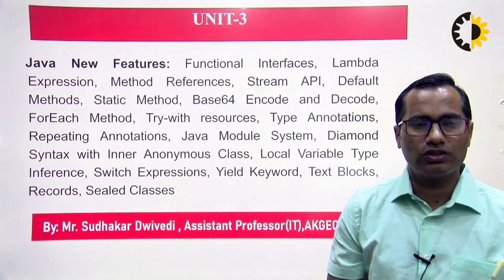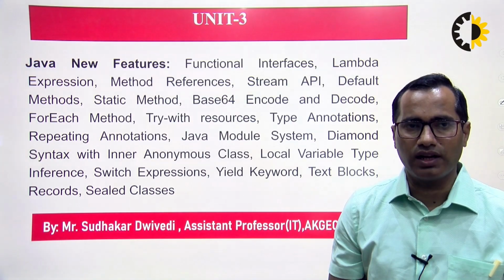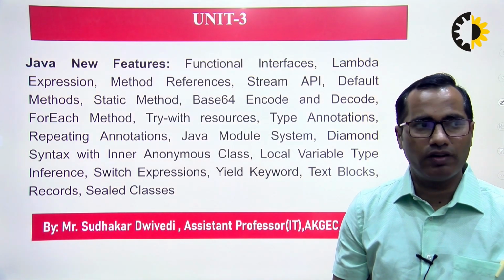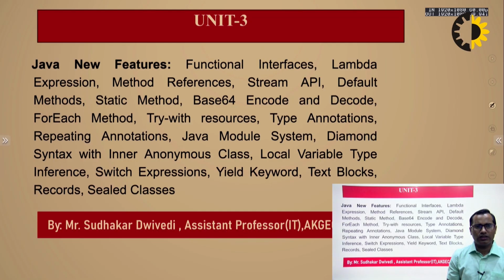We will discuss the Java module system in this unit, the diamond syntax with the inner anonymous classes and diamond operators, what is the local variable type inference, switch expressions, yield keyword, text blocks, records, and sealed classes. All these we have to discuss in this series.